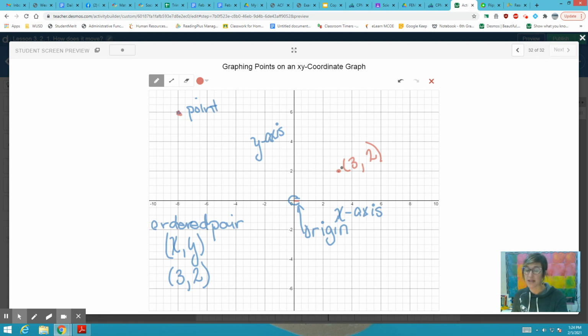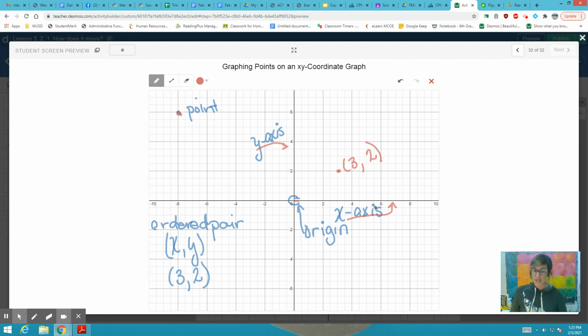And in this circumstance, a point is where an ordered pair meets. So our example of 3 and 2, 3 on the x-axis and 2 for our y-axis, that's the point. We always start at our origin, and they're called, again, an ordered pair. Again, this is the y-axis, and this is the x-axis.